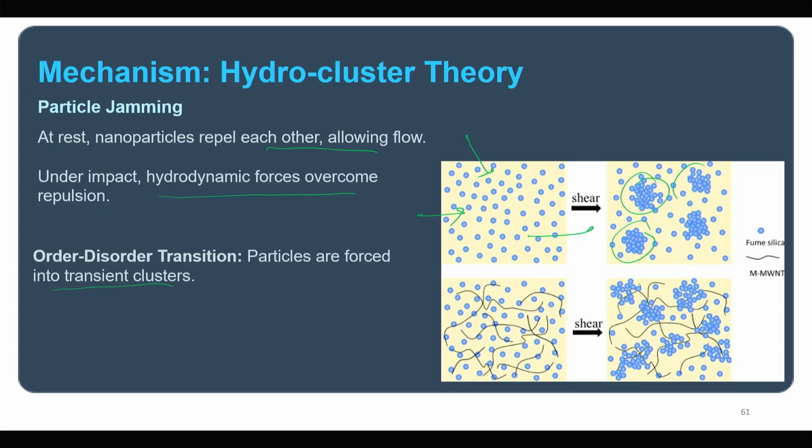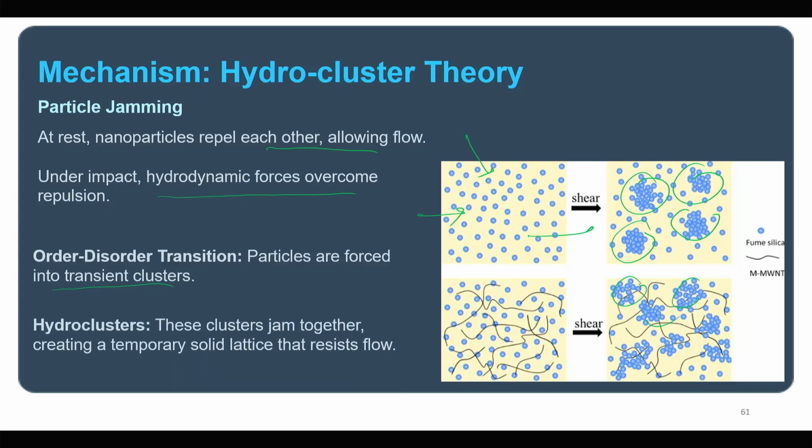Hydroclusters form; these clusters jam together and create a temporary solid lattice that resists the flow and resists the material.